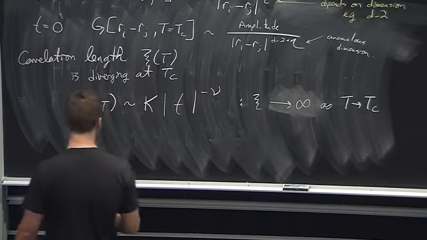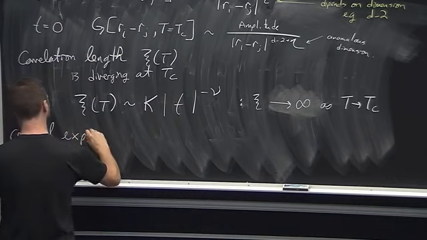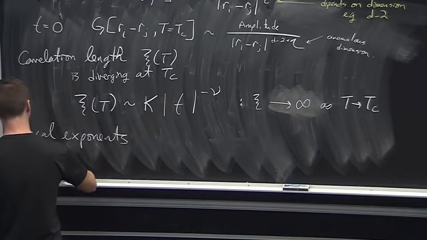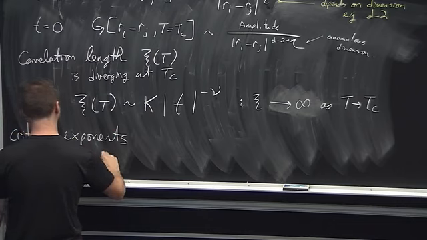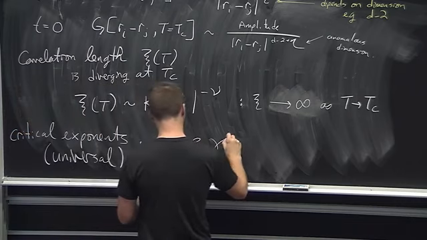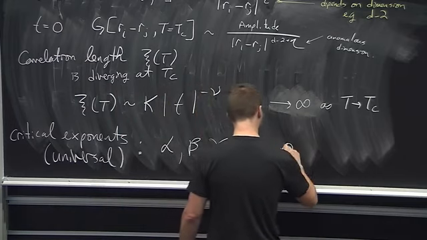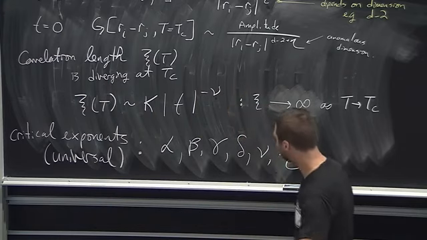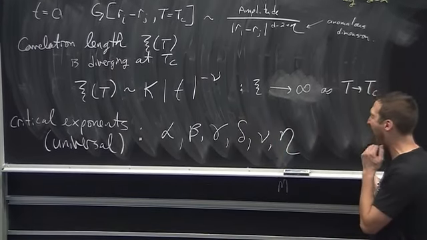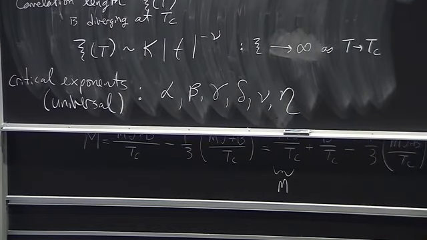Okay, so the critical exponents that are universal that we'll consider are alpha, beta, gamma, delta, nu, and the anomalous dimension eta. And these are the fundamental mysterious objects that we want to understand, in relationship to universality.